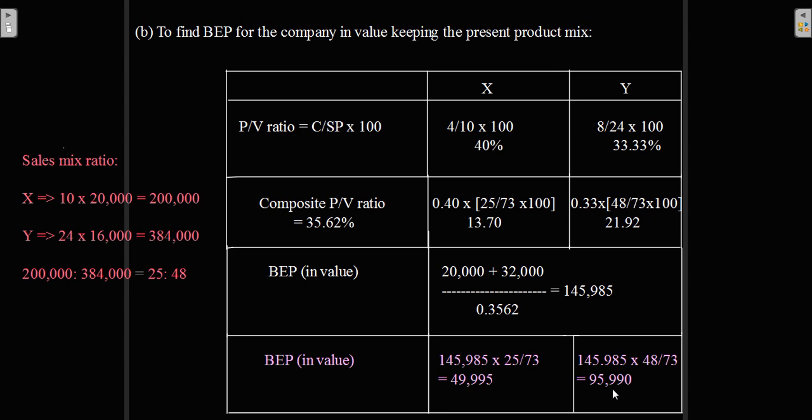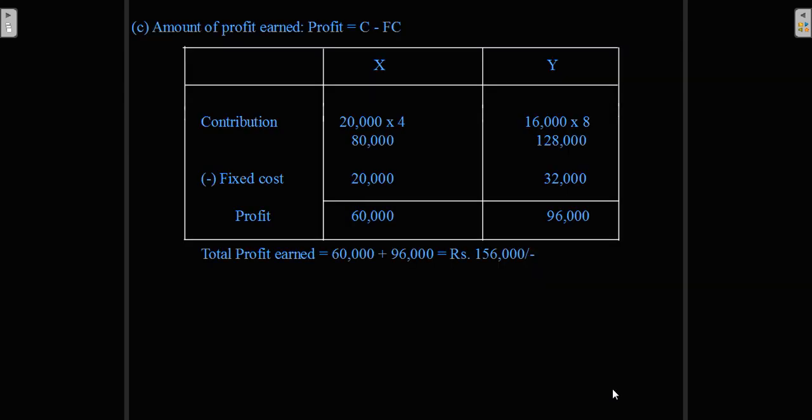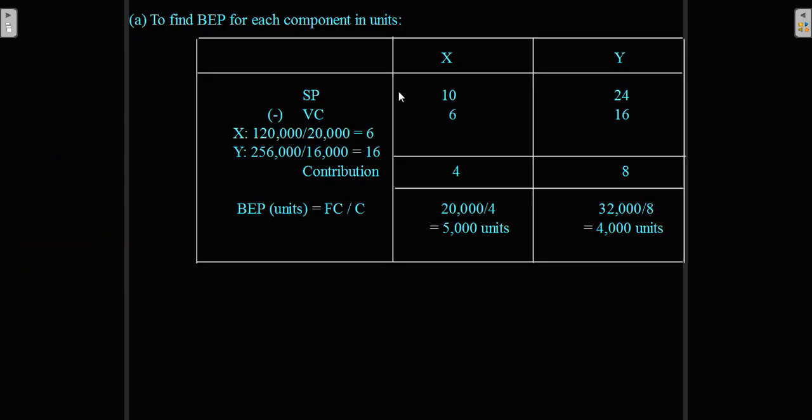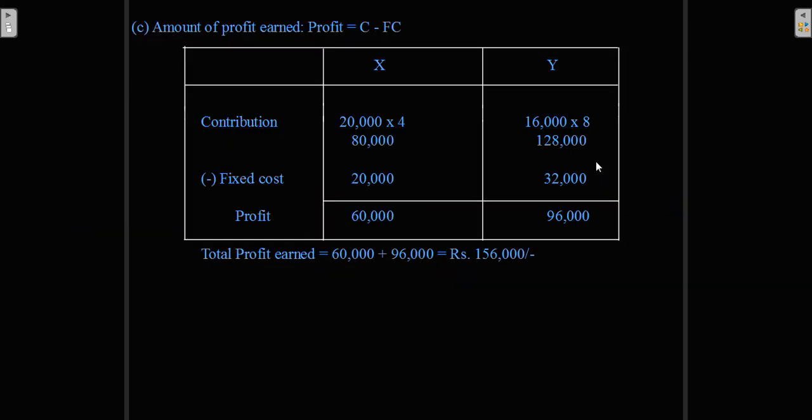Alright. So now to answer the last question, how much profit does the company make? To find the profit, we can use the formula contribution minus fixed cost. We already have found the contribution: for component X it is 4 and for Y it is 8.